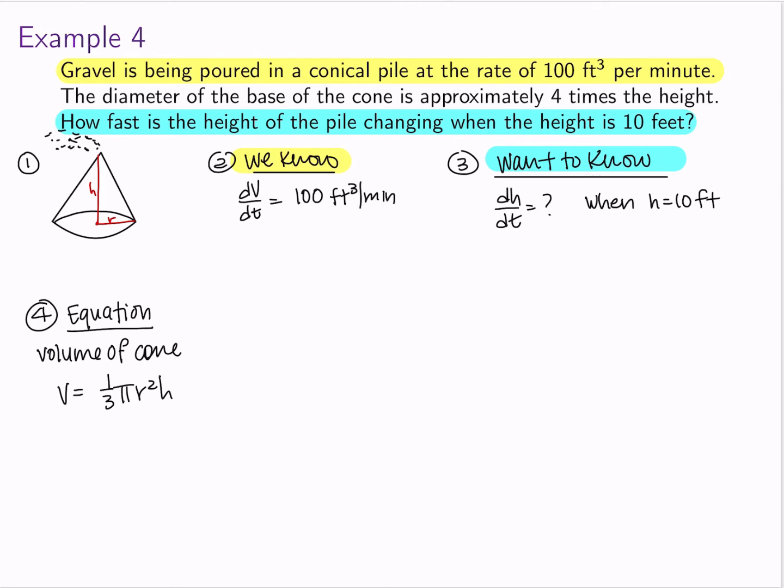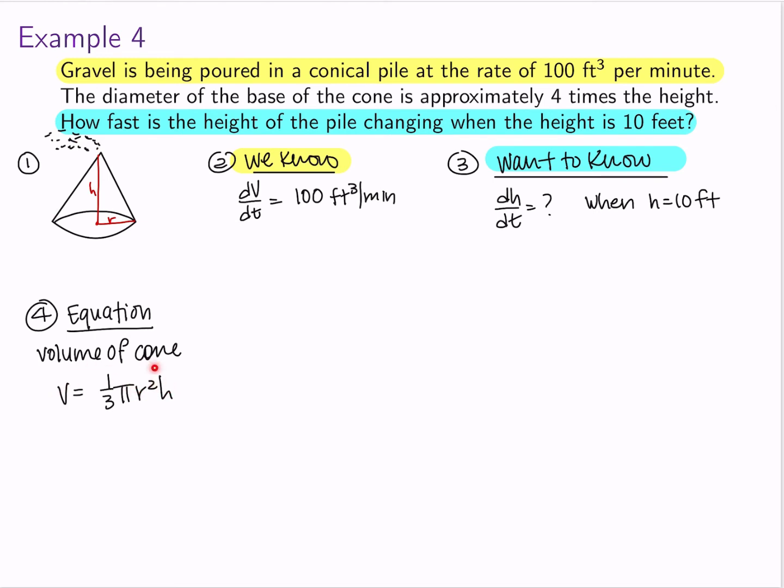Okay. And so let's examine what's happening here. V is definitely changing during this situation. The volume changes as we add more gravel. Does the radius change as we add more gravel? Well, yeah, because as the gravel goes in, this pile gets bigger and it would get wider and wider the more gravel you add. So R is changing. And is the H changing? Well, yeah, as we add more gravel, the pile gets taller.